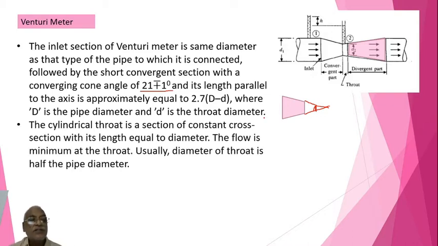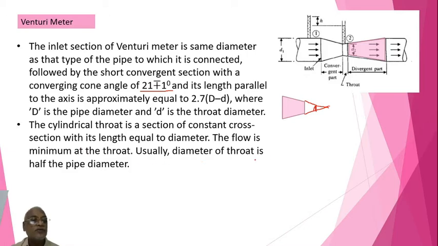Next, the cylindrical throat is a section of constant cross-section with its length equal to diameter d. The flow has a minimum cross-sectional area at the throat, not the flow itself is minimum.